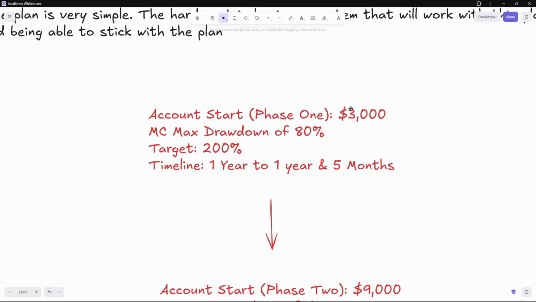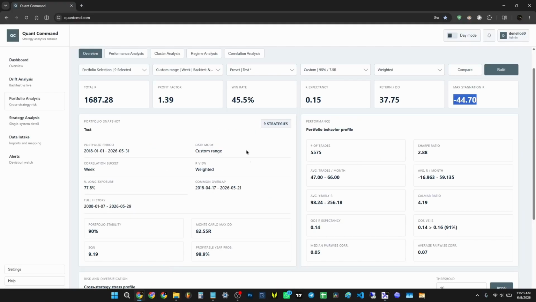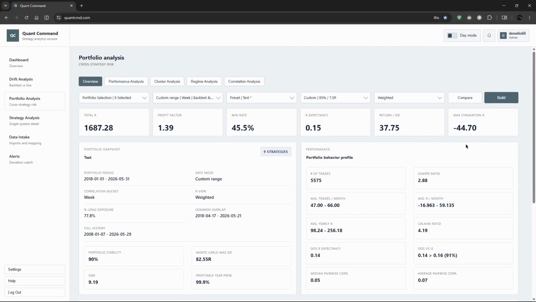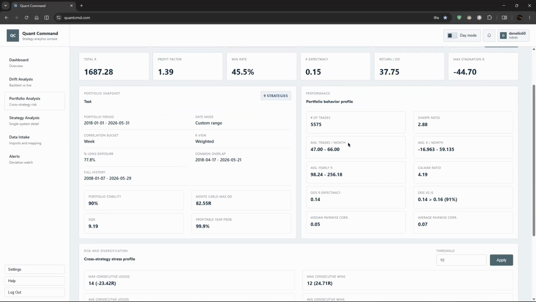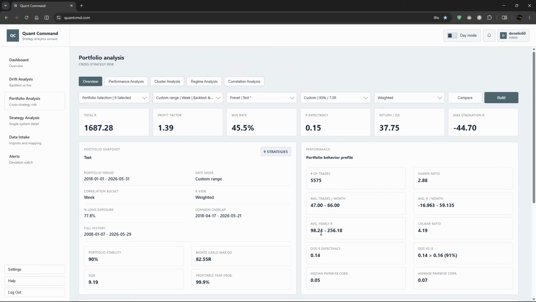So we want to get a 200% return on this initial $3,000 investment. Based on your backtested performance, you should be able to see a timeline for how long it will take you to get a 200% return. My strategy tells me that with this amount of risk, I can make anywhere between 98% to 256% return a year. So that is the range. On the lower end, I can expect about 98%.